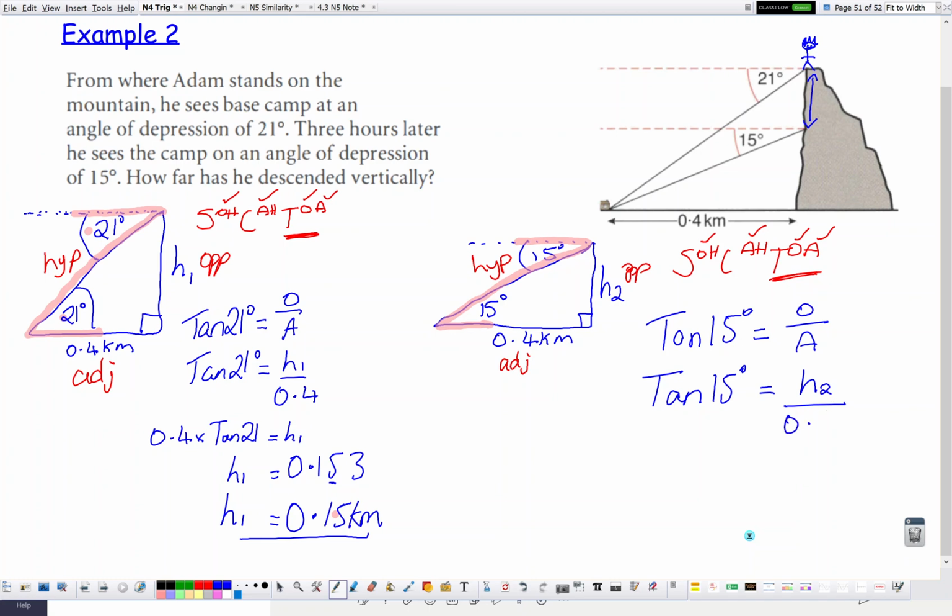Adjacent side is again 0.4. So when we multiply this up again, the only difference is that the angle is changed slightly. So it's 0.4 times the tangent of 15. That's what h2 is. So give me it unrounded, please. So write down to maybe 2 or 3 decimal places and then round it to 2 decimal places after that.